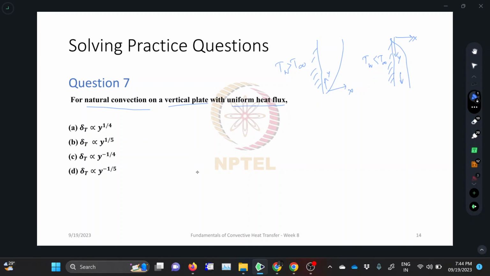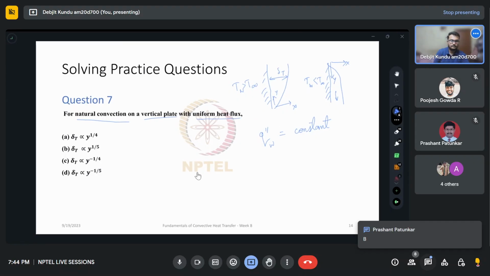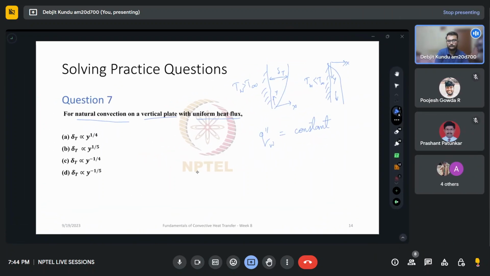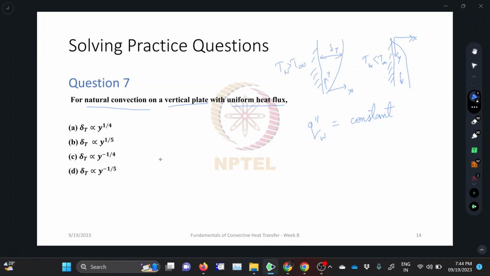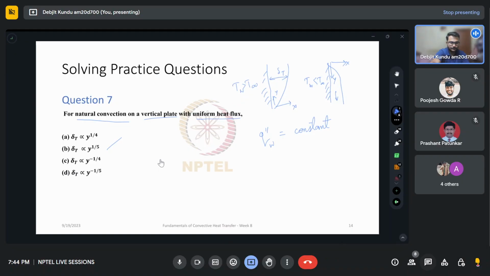So the question is, how does this delta T vary if there is a uniform heat flux, that is, this q double prime is a constant? Okay, we have one response in favor of option B. Let's see what others have to say.